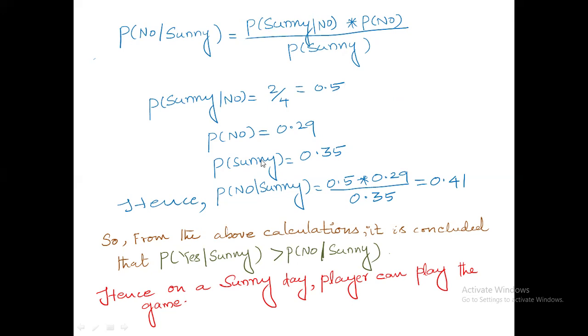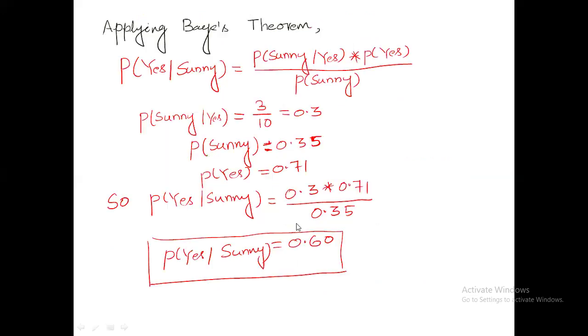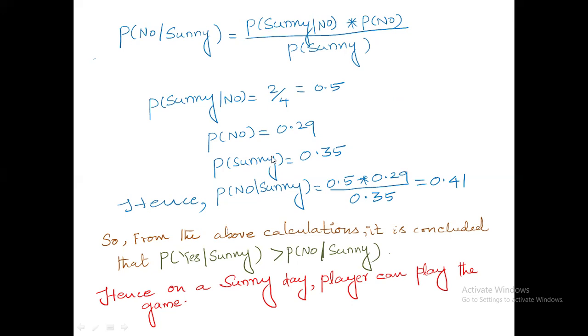Probability of no, what we have found out: the total probability 4 divided by 14 is equal to 0.29. Next we have to find out probability of sunny.